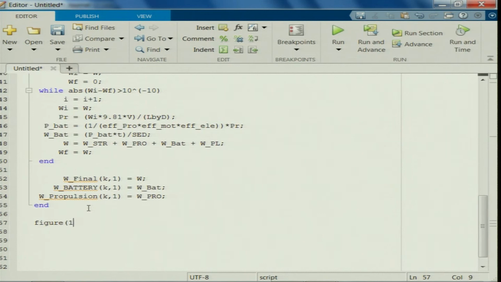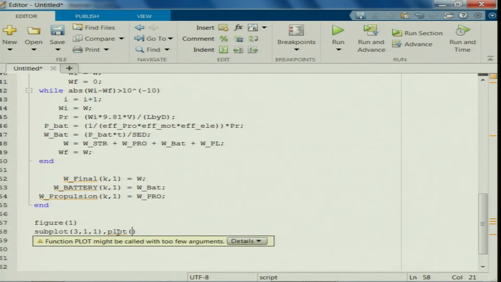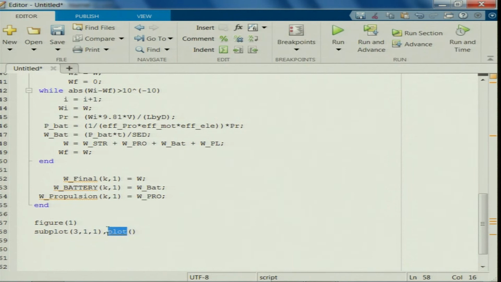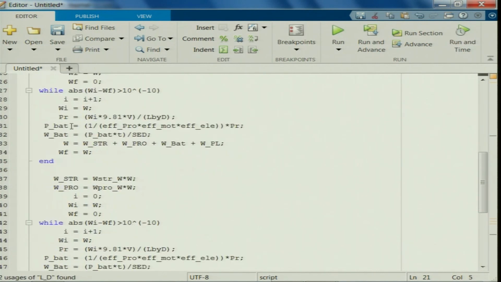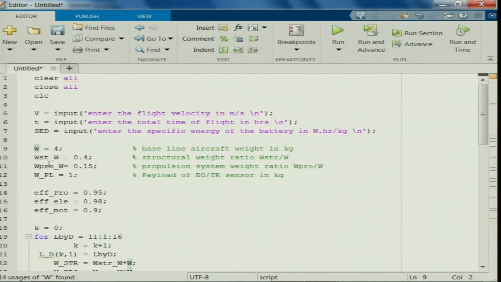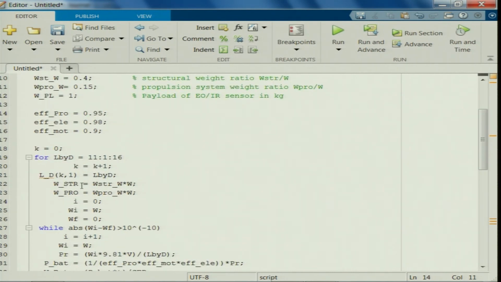So, figure 1, I can have subplot, plot L by D, L underscore D, right, where is that, L underscore D. So, each and every time, let us say this is W B, the baseline, W underscore B. So, this will become W underscore B, otherwise it will be an issue.